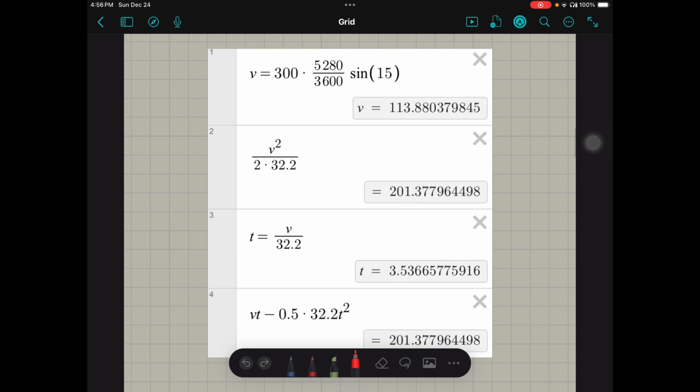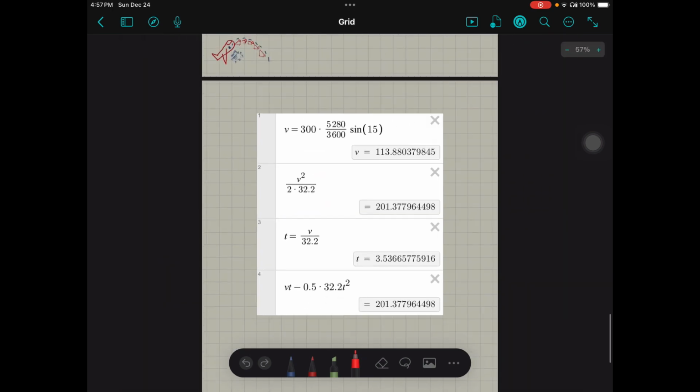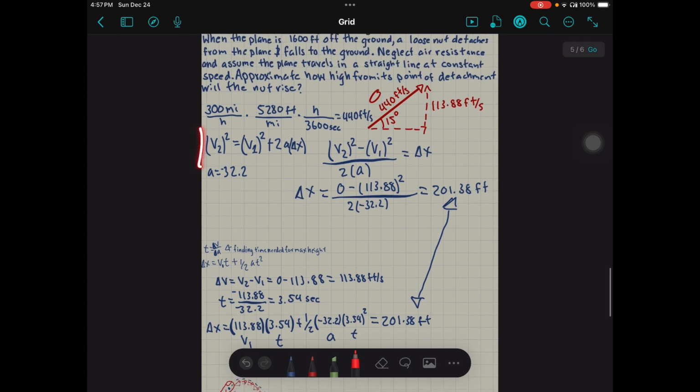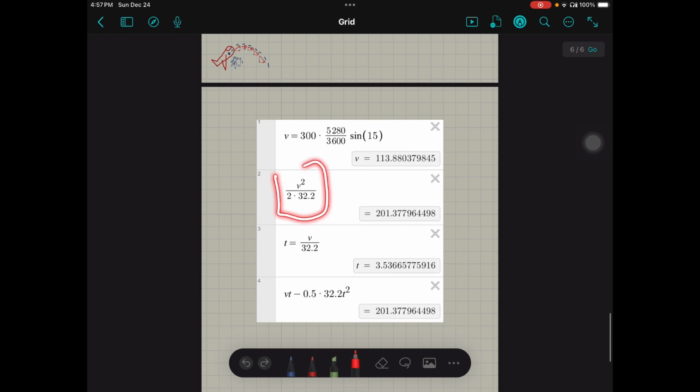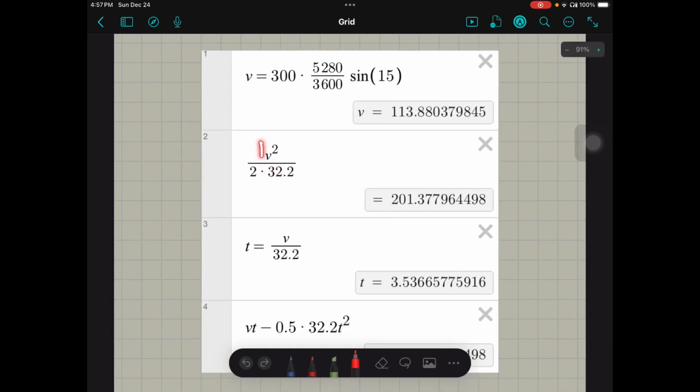Okay, so we have our velocity, and we converted that into feet per second, and then we got our y value from the velocity. Now, this is our first equation that we used, and it's just rearranged. So we used this formula, and when rearranged, we get this. We have our initial velocity and our acceleration.